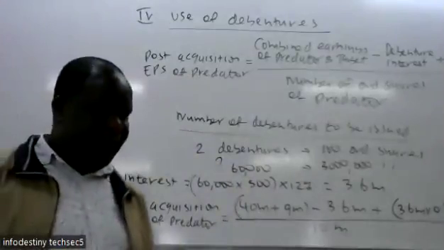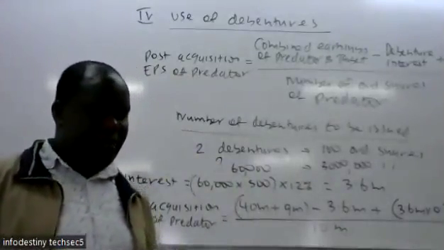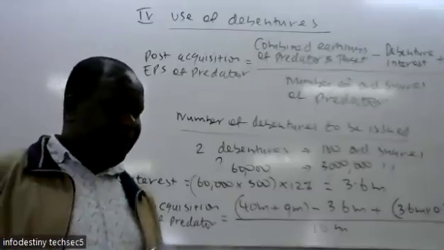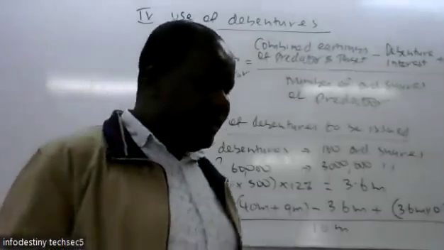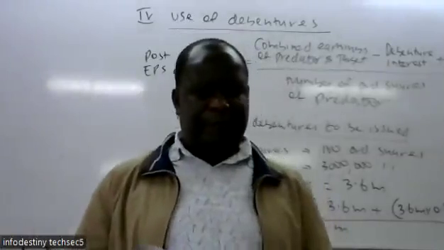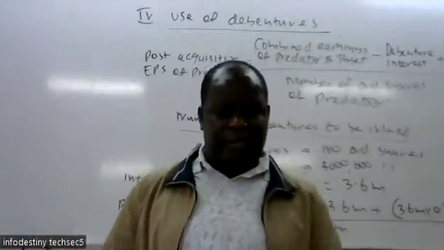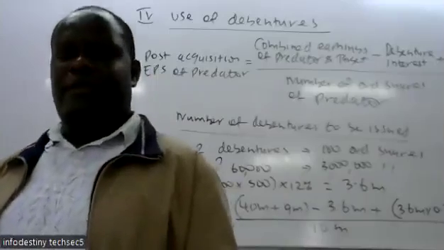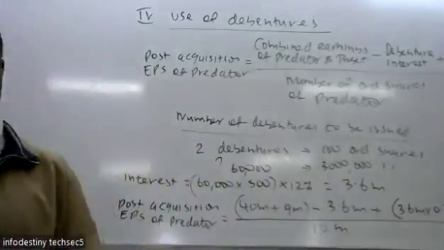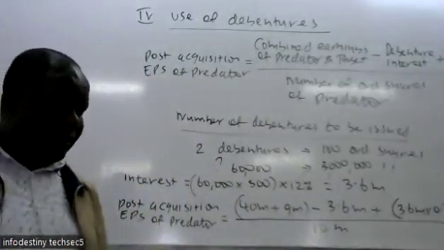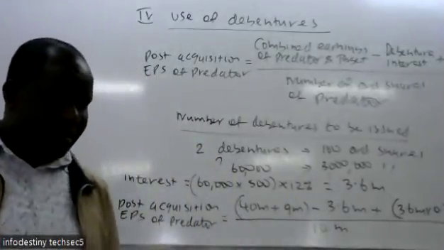At the end of the 5 years, the new machine will be sold for 250,000. The estimated profit before depreciation and tax over the next 5 years for both machines is given as follows. They have given you years 1, 2, 3, 4, and 5, for the existing machine and the new machine.